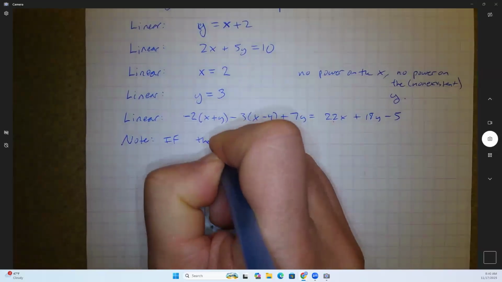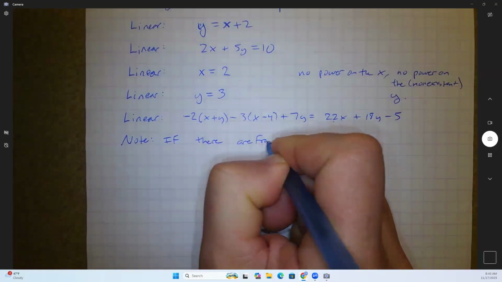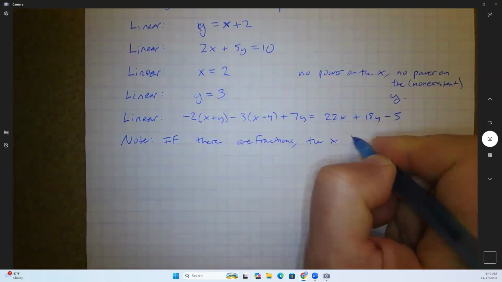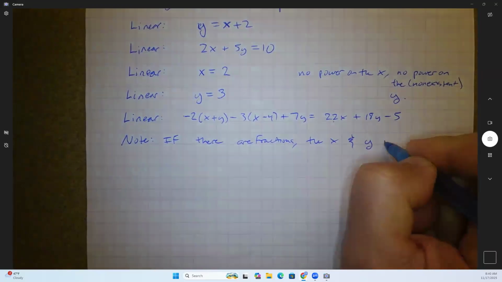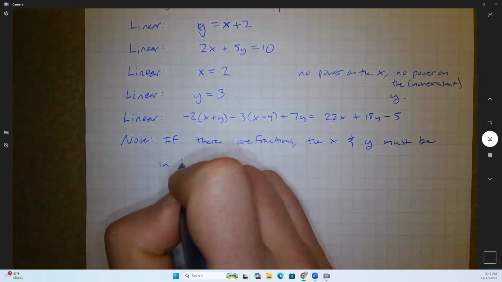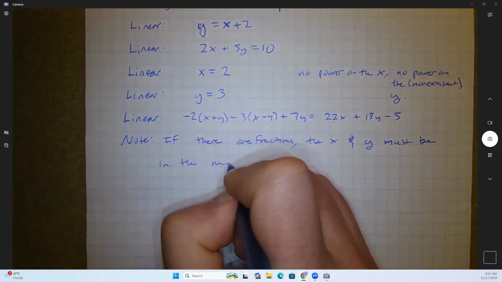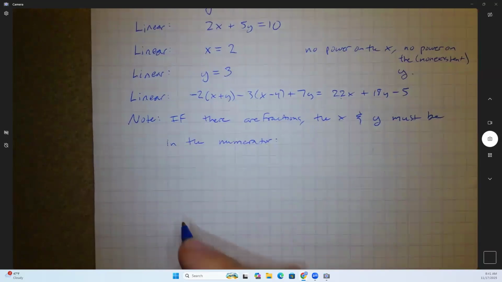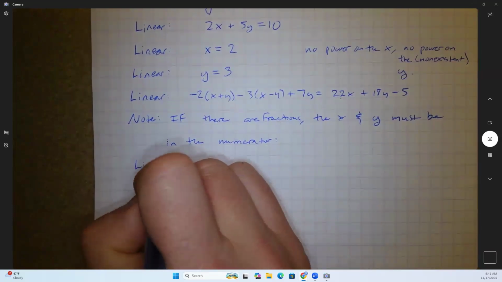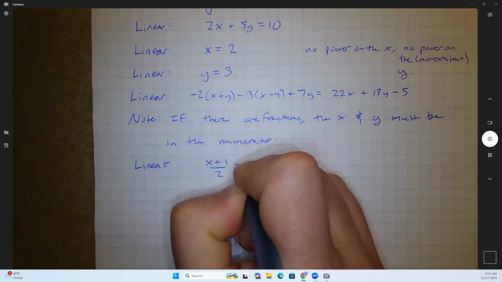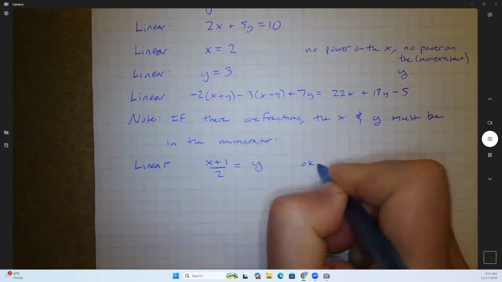If there are fractions, the x and possibly y must be in the numerator of the fraction. So if I have a fraction like x plus 1 over 2 equals y, this is okay.